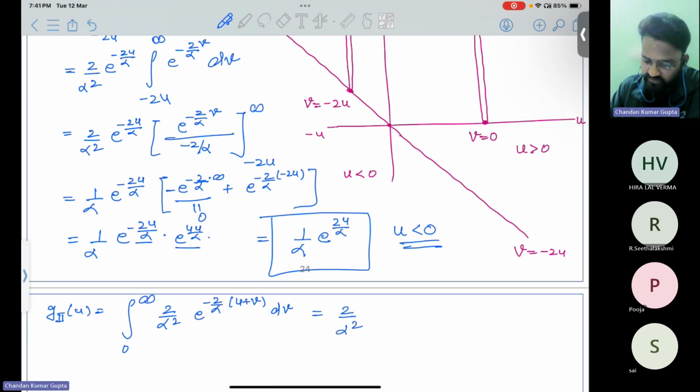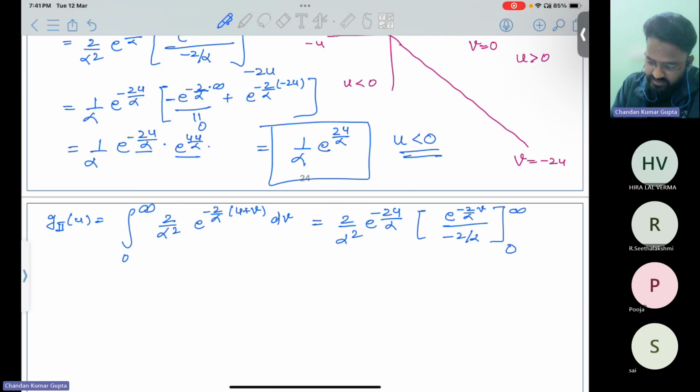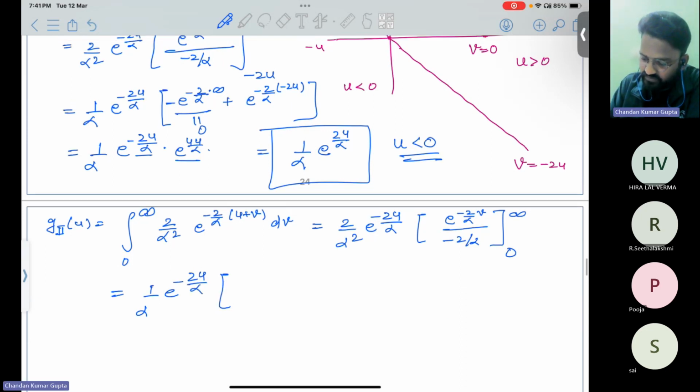It's 2 upon alpha square e to the power minus 2u by alpha, times e to the power minus 2v by alpha divided by minus 2 by alpha from 0 to infinity, which comes out to be 1 by alpha e to the power minus 2u by alpha, and then at 0 we have e to the power 0, and minus minus gives plus e to the power minus infinity.